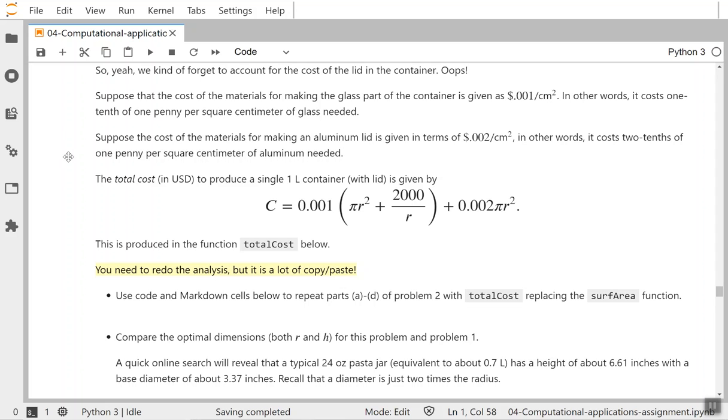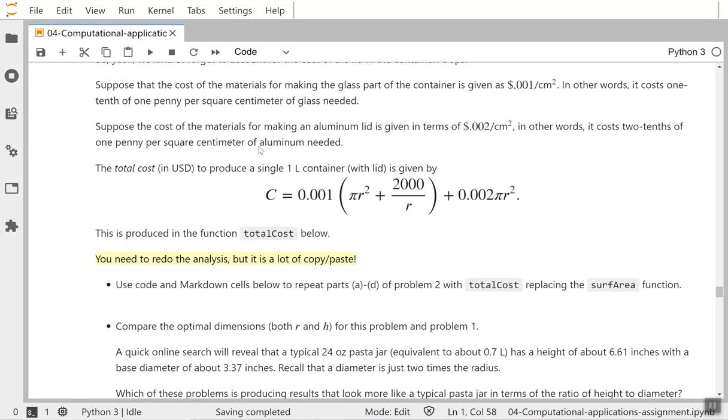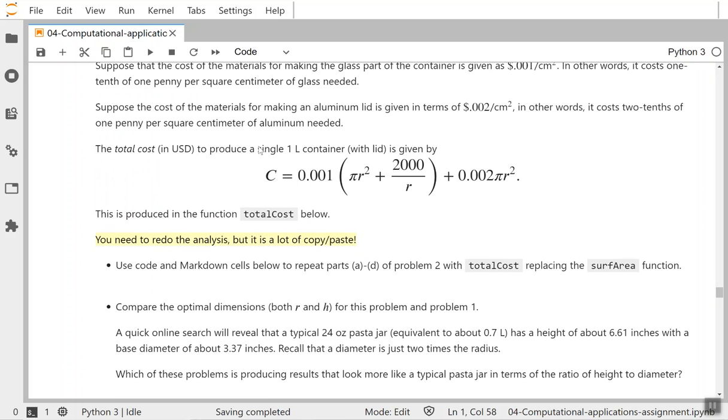In other words, it costs 1/10 of 1 penny per square centimeter of glass needed. Suppose the cost of the materials for making an aluminum lid is twice as much. So it's $0.002 per square centimeter. So it costs 2/10 of 1 penny per square centimeter of aluminum needed.